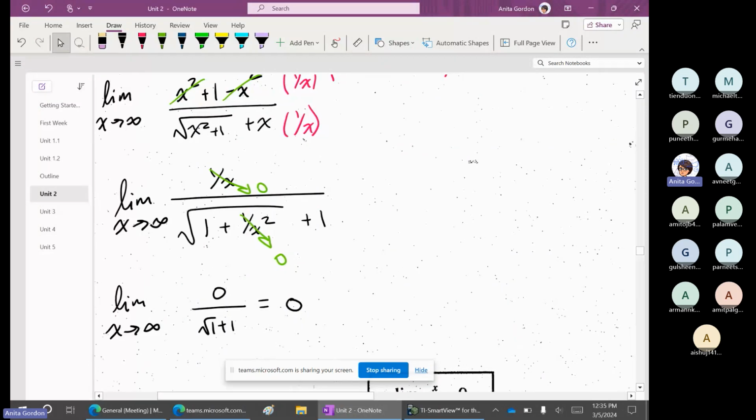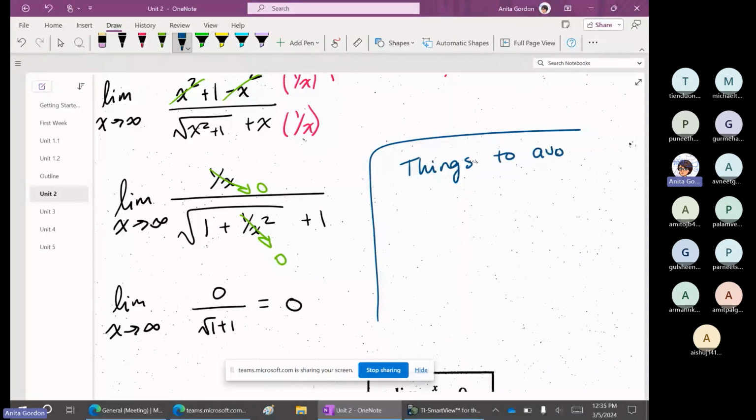Okay, things to avoid. We want to avoid a situation where we have 0 over 0, because we cannot divide by 0. We want to avoid situations where we have a 0 in the denominator. We want to avoid infinity over infinity or any of the other terms of infinity, because it's not a real number.